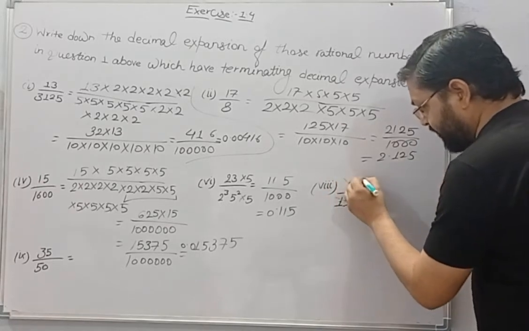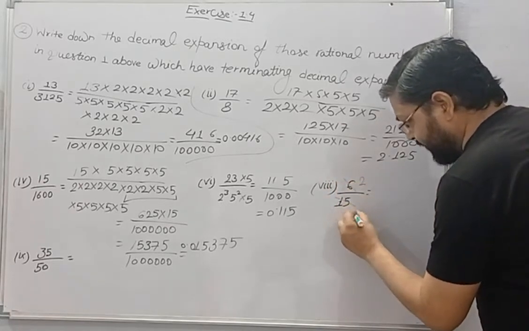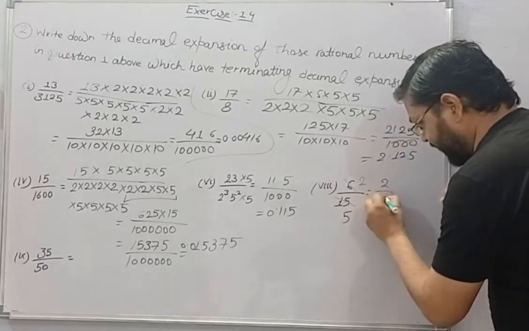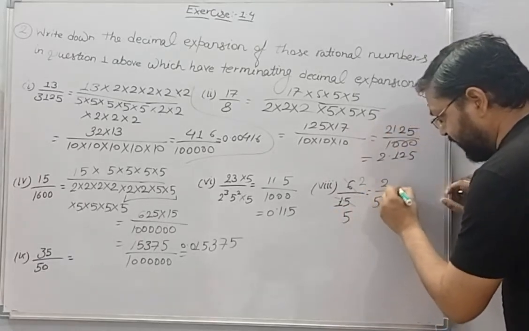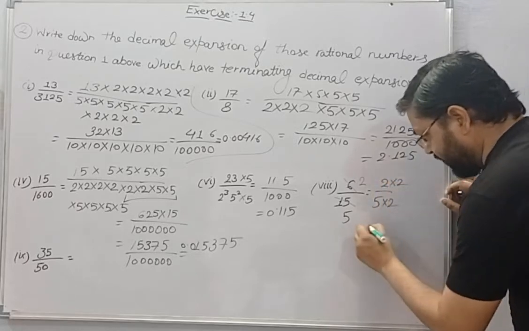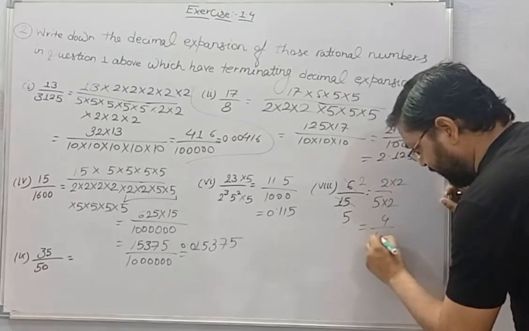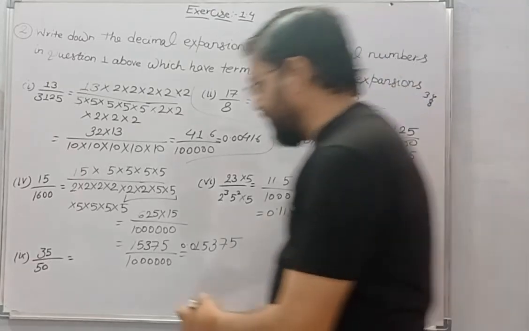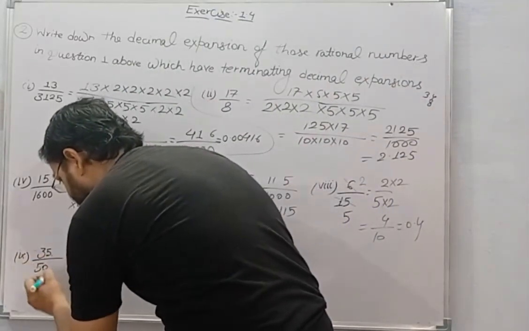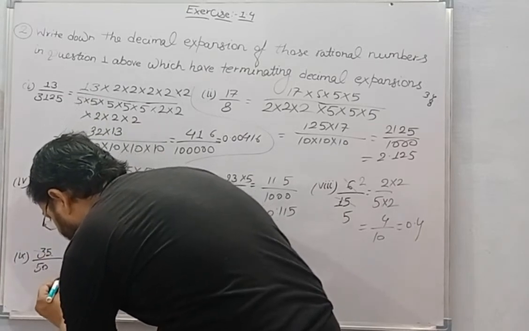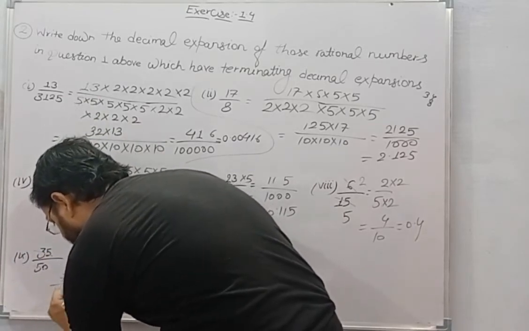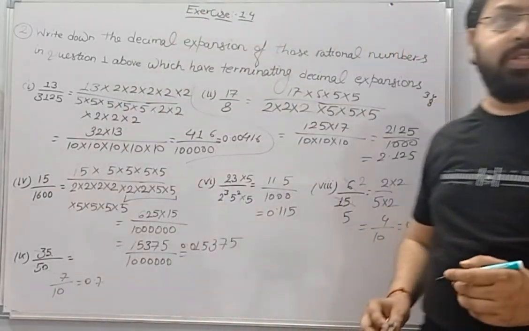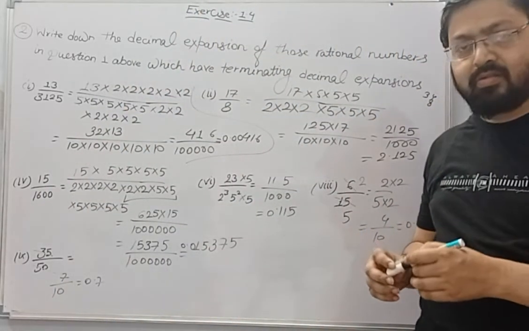Now 2 upon 5. You multiply 2 with 2 here and also here. What will you get? 4 upon 10. Answer 0.4. Then 7 upon 10. And the answer is 0.7. I hope you understand this also.